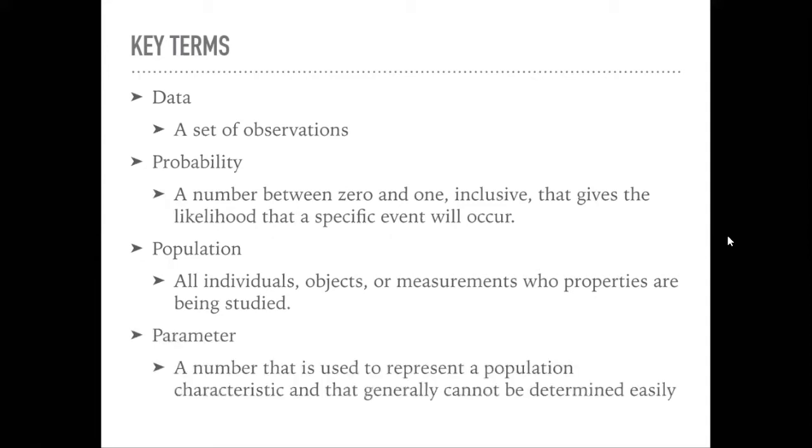Parameter is going to be a number that is used to represent a population characteristic. Parameters are typically not very easy to determine because you would need all of the information from it. So when I say a characteristic, we're meaning some sort of statistic, so a number that's calculated from the data.